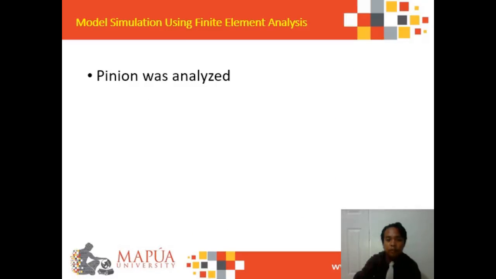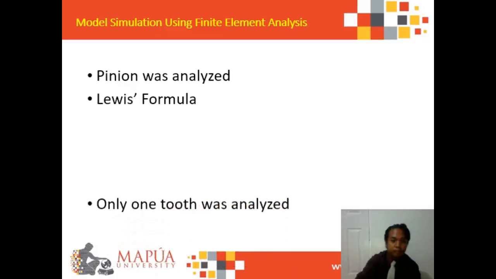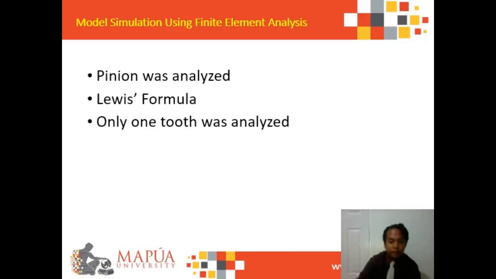For the finite element analysis of the spur gear, only the pinion was analyzed because it's the weaker link, and we use the Lewis formula to analyze it as a cantilever beam, and as such, we'll only analyze one tooth of the spur.